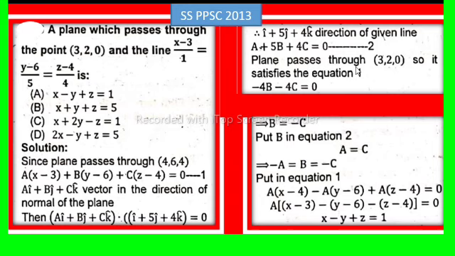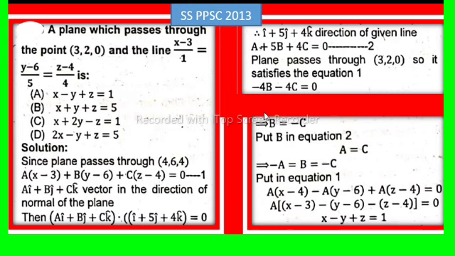The plane passes through (3, 2, 0), so it satisfies equation 1. Put x equal to 3, y equal to 2 and z equal to 0. So 3 minus 3 is 0, so a times 0, plus b into 2 minus 6, that is minus 4b, plus c into 0 minus 4, that is minus 4c.